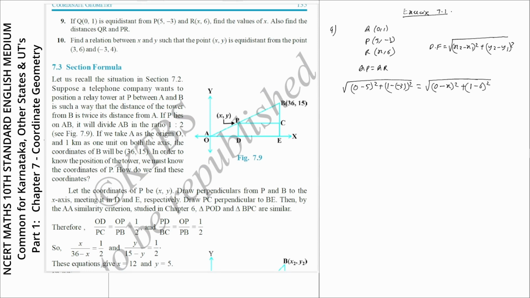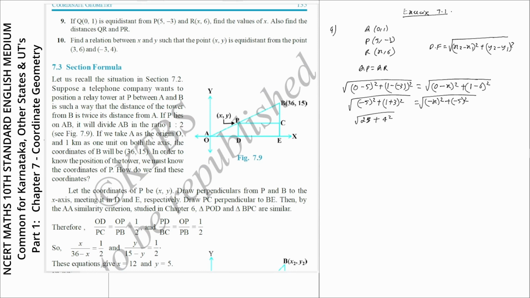So here I will get 0 minus 5 is minus 5 only, (minus 5) the whole square plus, 1 minus of minus 3 is plus 3, (1 plus 3) the whole square, square root of this, is equal to, here 0 minus x is minus x, (minus x) the whole square plus (1 minus 6 is minus 5) the whole square, square root of this. Now I'll get minus 5 into minus 5 is plus 25, plus 1 plus 3 is 4.